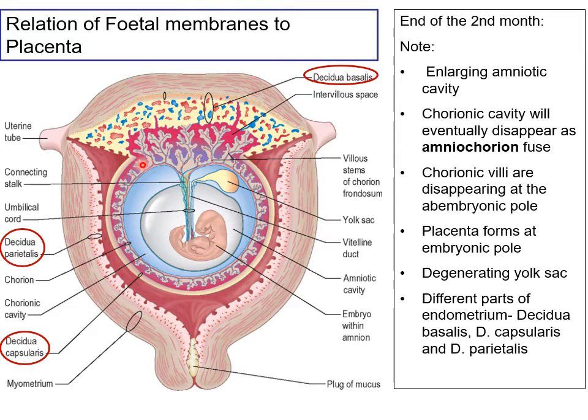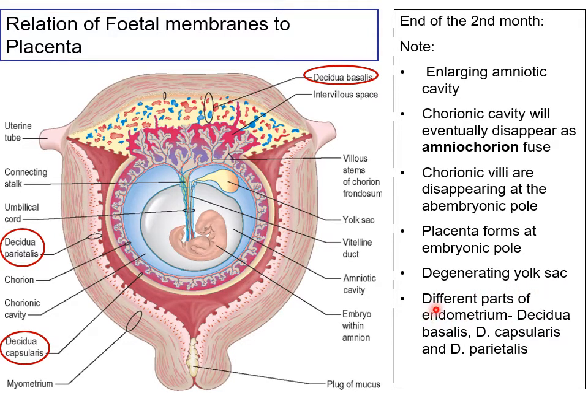Okay. So note here the enlarging amniotic cavity, the chorionic cavity eventually disappearing as amniochorion fuse. The chorionic villi are disappearing at the abembryonic pole. Abembryonic means all this around here, and that part of the chorion will become smooth. Now the placenta is only present at the embryonic pole, and the yolk sac is again seen degenerating.